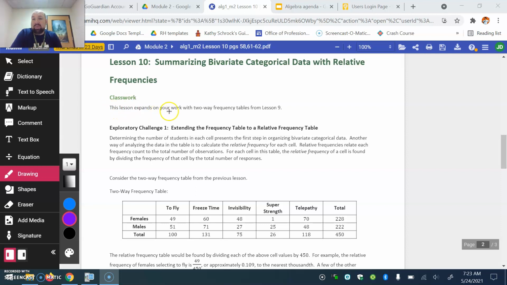So this lesson expands on your work with two-way frequency tables from lesson 9. That's why we started this lesson with that two-way or bicategorical, bivariate categorical data. So we're going to take a look at this, and obviously you can see this is the same table we just filled in before this.